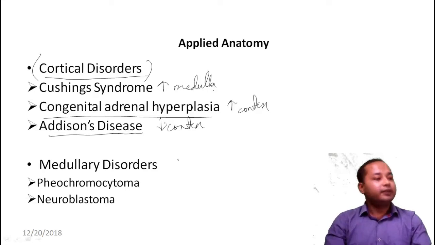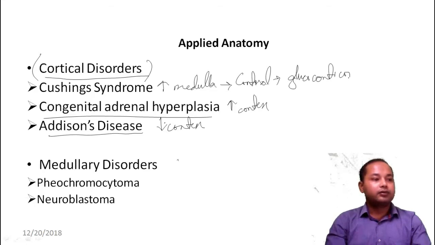So from the cortex, what is the thing which is secreted? The active compound is cortisol, and the thing which is secreted is the glucocorticoids. In case of increased secretion from the cortex, it is actually the mineralocorticoids.